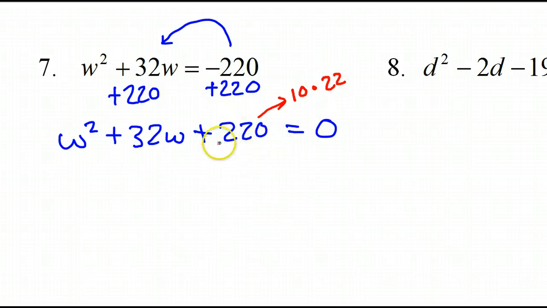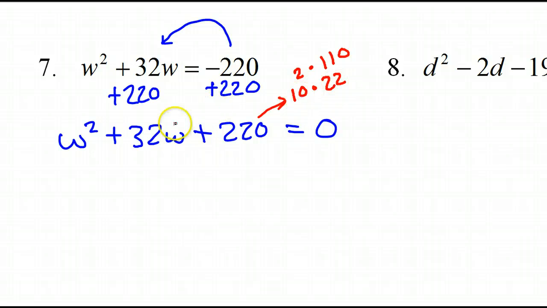You might not know much about what times what makes 220, but the two things that would pop into my head would be 10 times 22, and the other thing I would look at is that it's even, so it would be 2 times something. So 2 times 110 would make 220. These are the two things that should just occur to you. Now, which one of these can make 32?